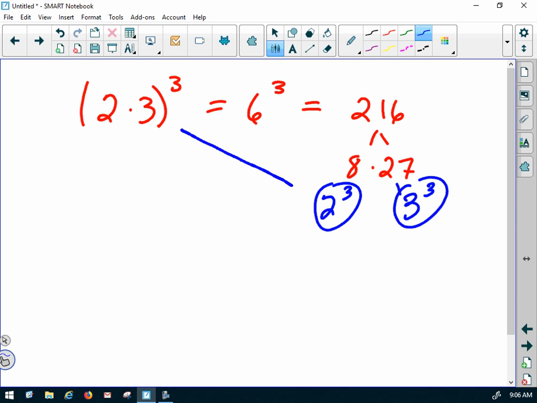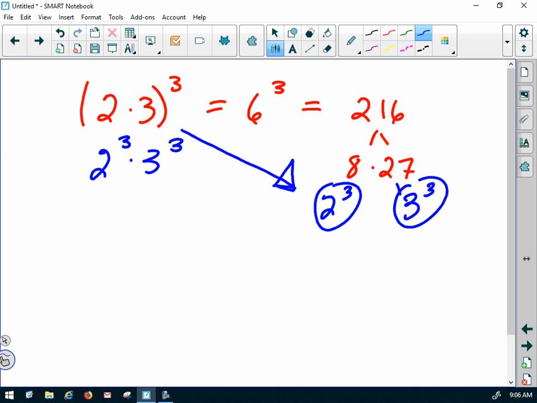How could we get from there to there? Multiply 2 times. That's right. Gavin said, we'll just take each of those numbers and raise them to the third power. 2 to the third power times 3 to the third power.